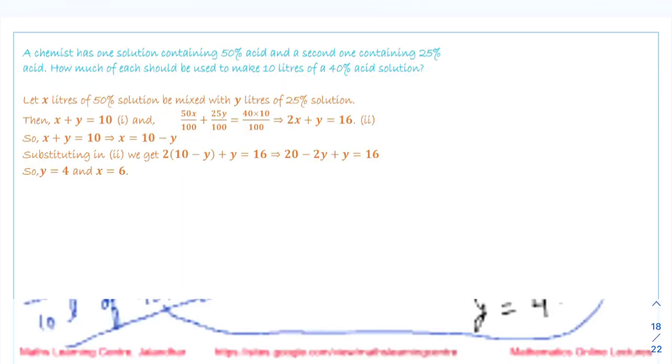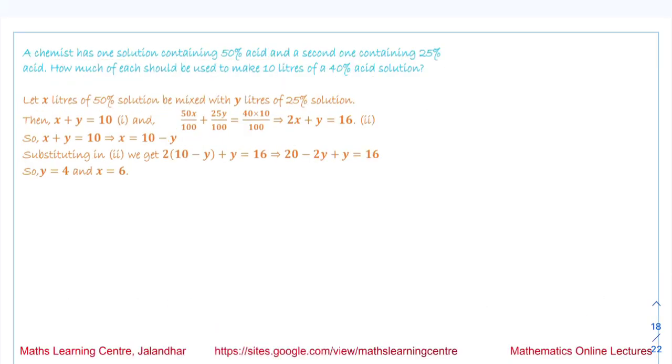Next is: a chemist has one solution containing 50% acid and a second one containing 25% acid. How much of each should be used to make 10 liters of a 40% acid solution?